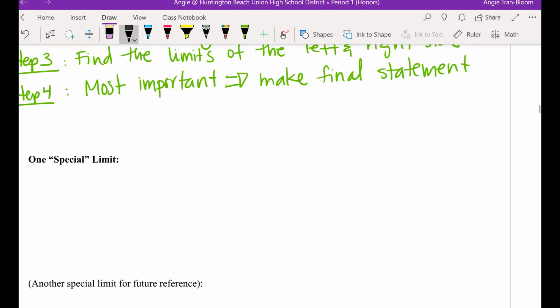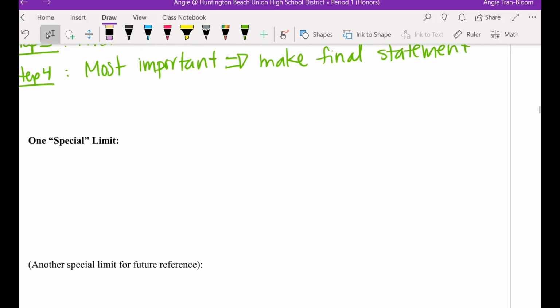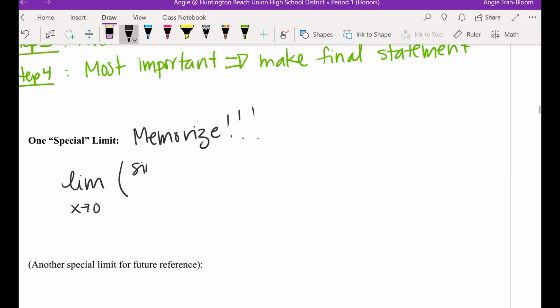Now we are going to do a special limit, which you will need to memorize. Okay, limit, here we go. The limit as x approaches 0 of sine of x divided by x is always 1. So important, super important. Memorize that.